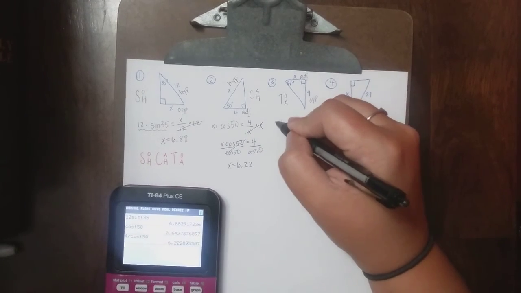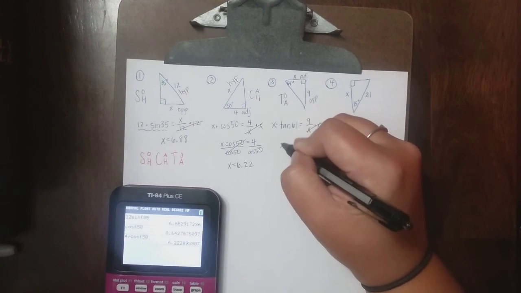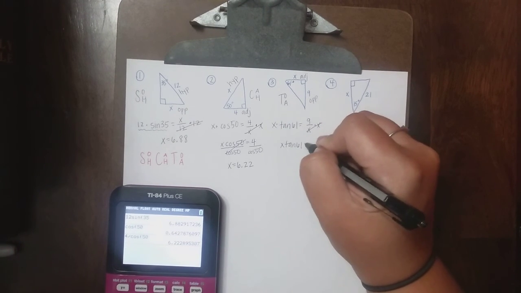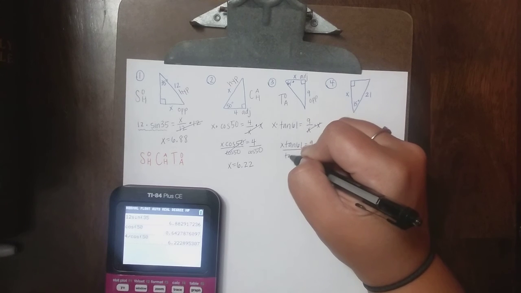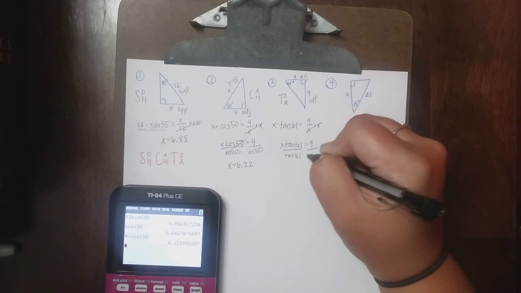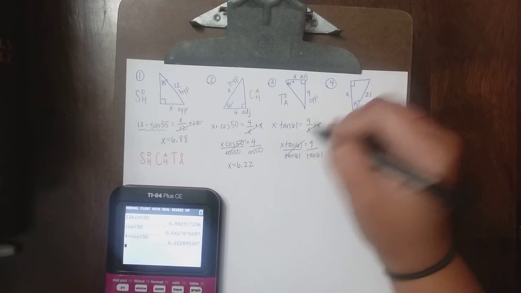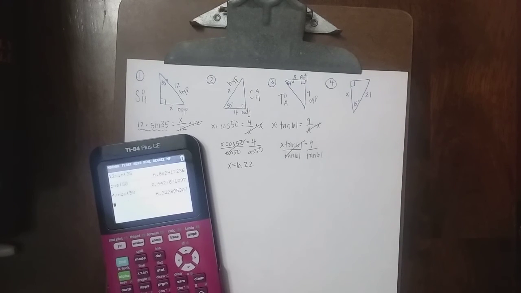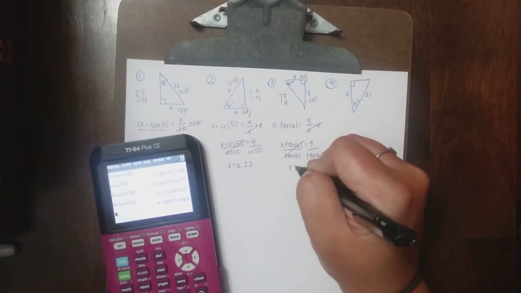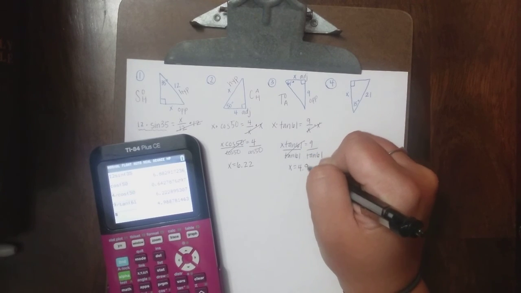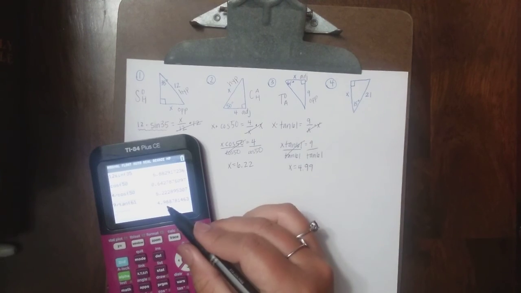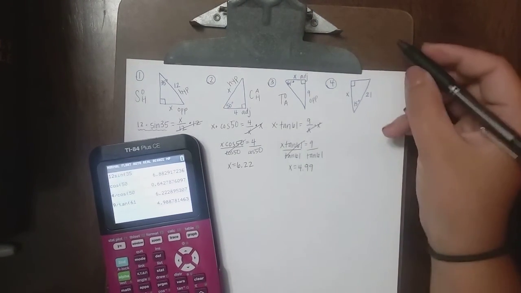So the first thing we're going to do is multiply, and then divide. So we're going to go to my calculator and do 9 divided by tan 61, and we get x equals 4.99 because it's 8/8, so it rounds up to a 9.